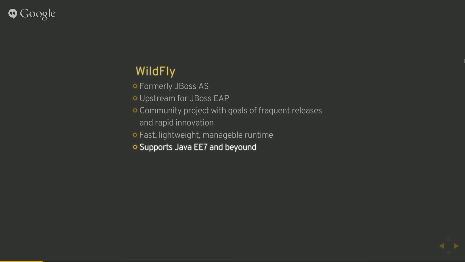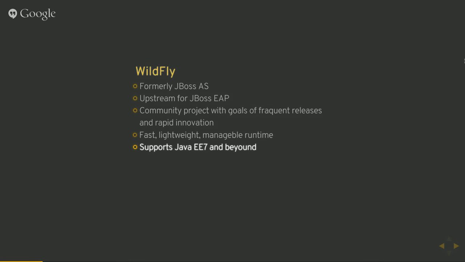We are providing a fully Java EE 7 compliant application server, and beyond. We are also adding additional necessary open source APIs that may later become part of the specification. Because of the extensible nature of Wildfly, you can either trim it down or extend it with ease to suit your needs.